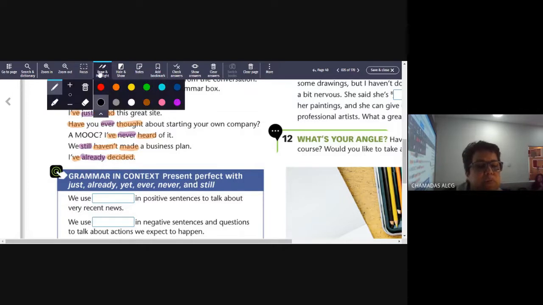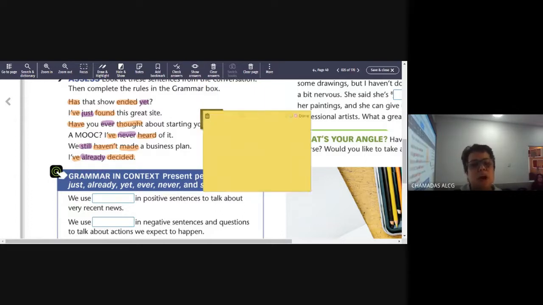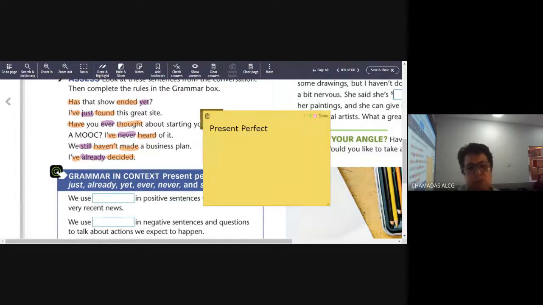So talking about present perfect, how do we form this verb? What is necessary to form this verb? Sorry. How do we form the present perfect? Good.